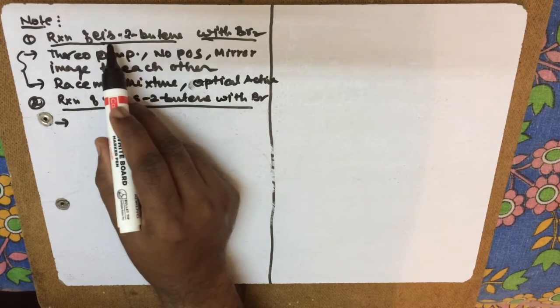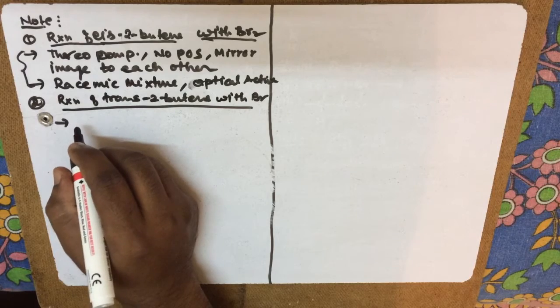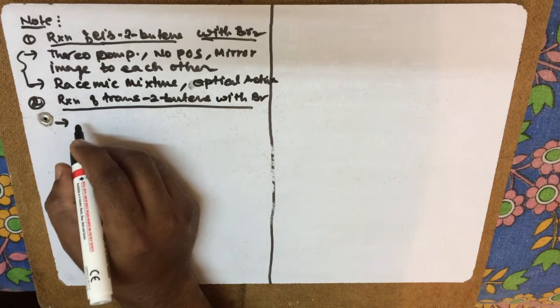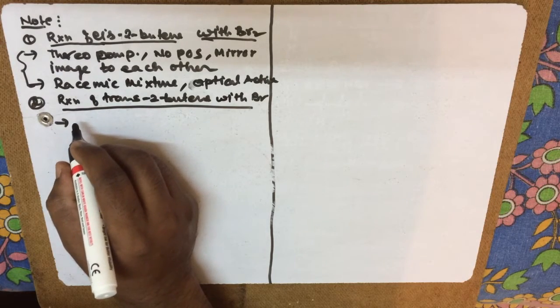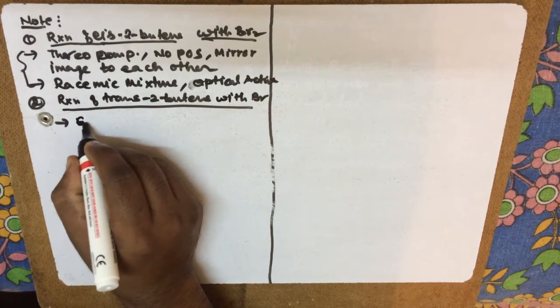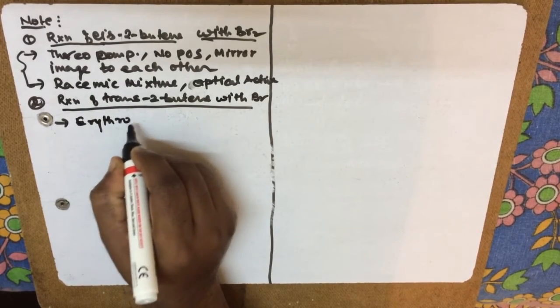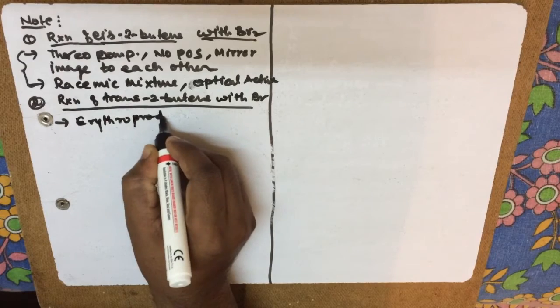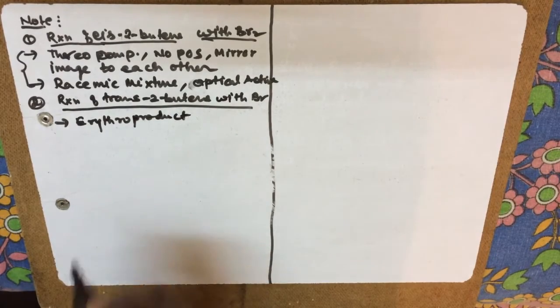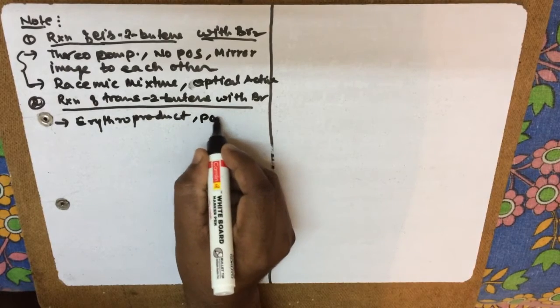Here you have considered cis, here you have considered trans. So in trans you will get the meso product, okay, just the opposite of above, and with a plane of symmetry.